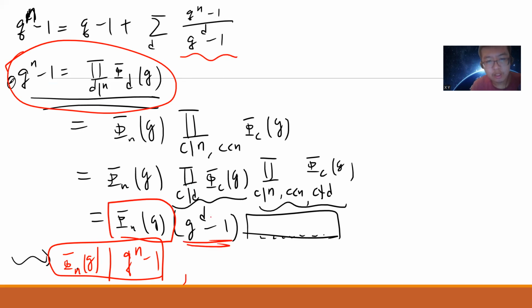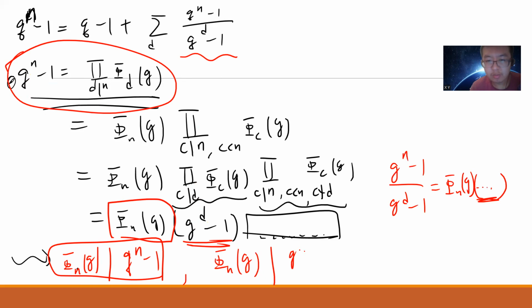Because I can cancel this Q to the D minus 1 to the left hand side, right? So I can get Q to the N minus 1 minus Q to the D minus 1 equals phi N of Q times something. Okay, so you have phi N of Q divides Q to the N minus 1 minus Q to the D minus 1. So that means that phi N of Q divides the left hand side, and also divides the right hand side. So that means that phi N of Q must divide Q minus 1.